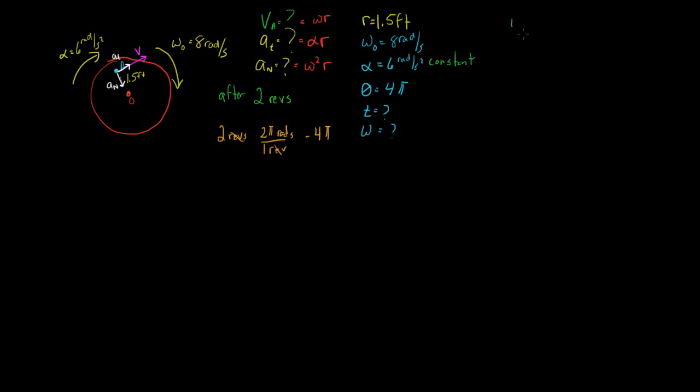We have that the final angular velocity is equal to the initial angular velocity plus the angular acceleration times time. The final angular position is equal to the initial angular position plus the initial angular velocity times time plus 1/2 times the angular acceleration times time squared. And the final angular velocity squared is equal to the initial angular velocity squared plus 2 times the angular acceleration times the final angular position minus the initial angular position.